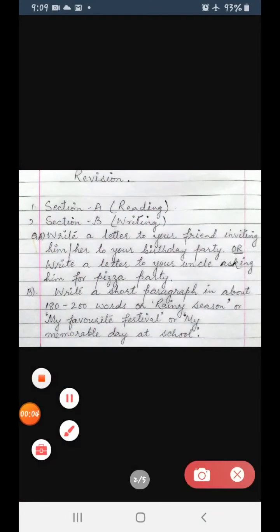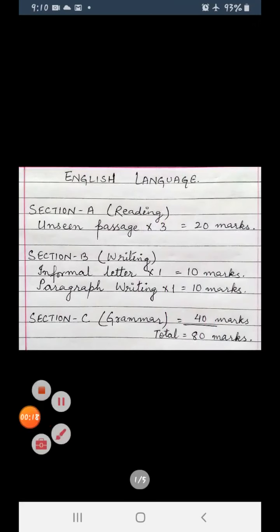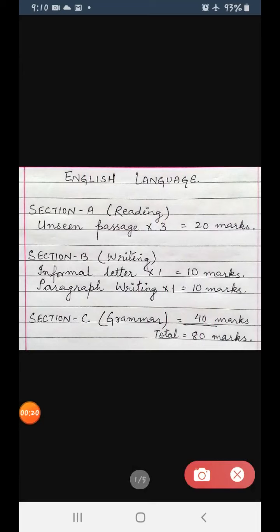Now let us see. First of all I am going to tell you the weightage, that means how I am going to set the question paper. First of all, it is section A. In section A you will get the reading, where you will be getting unseen passages, 2 by 3.